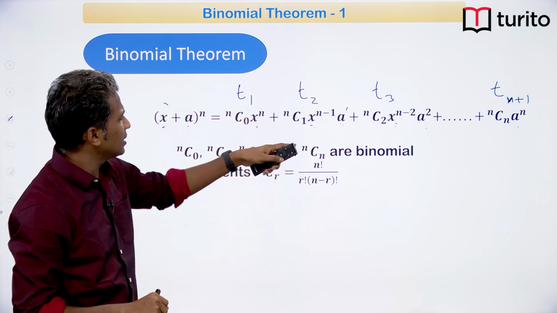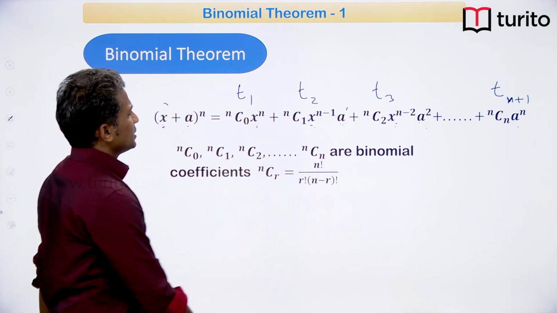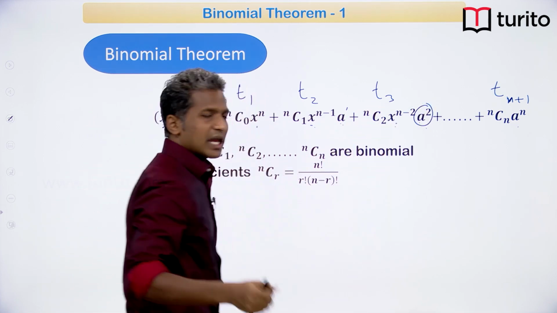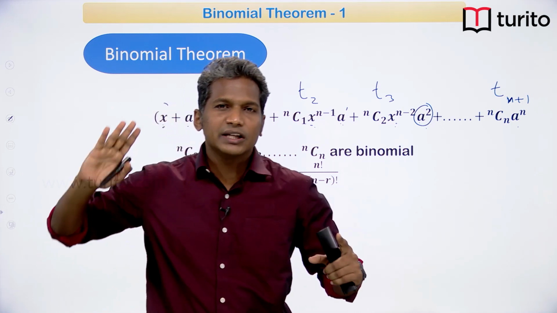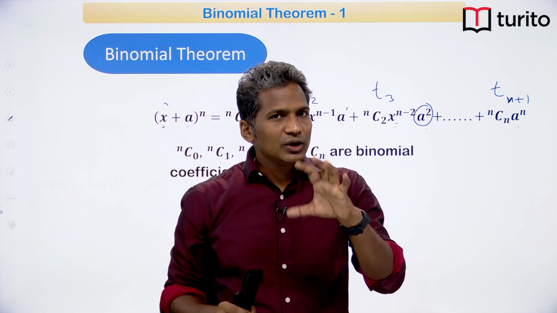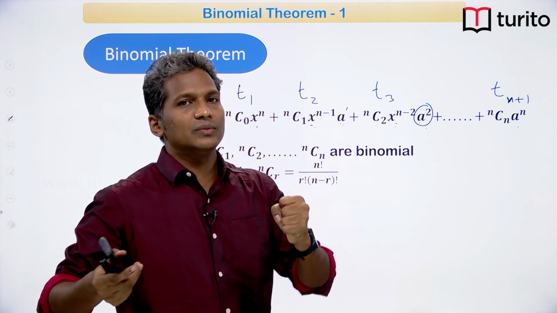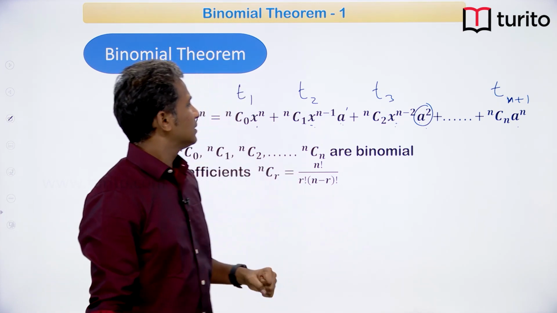You might have already observed it here, okay. So in T3 there is a square. So catch only one, you do not have to generalize everything, you can catch only one aspect, you generalize it, and based on that you can generalize the other terms using that relation, okay.